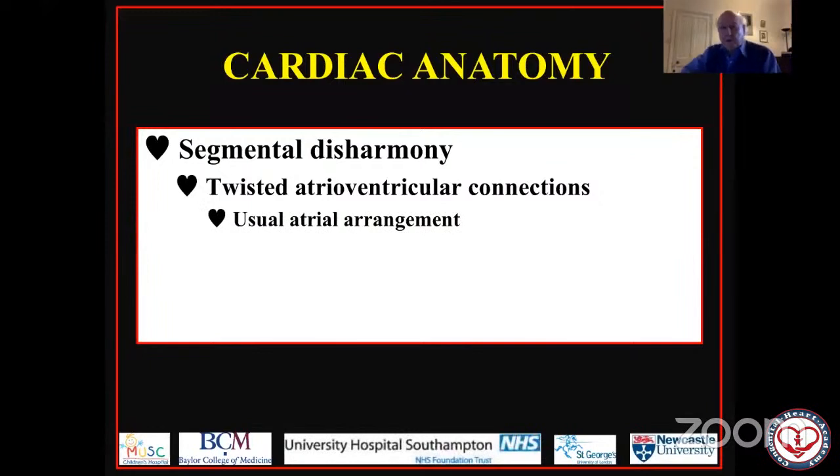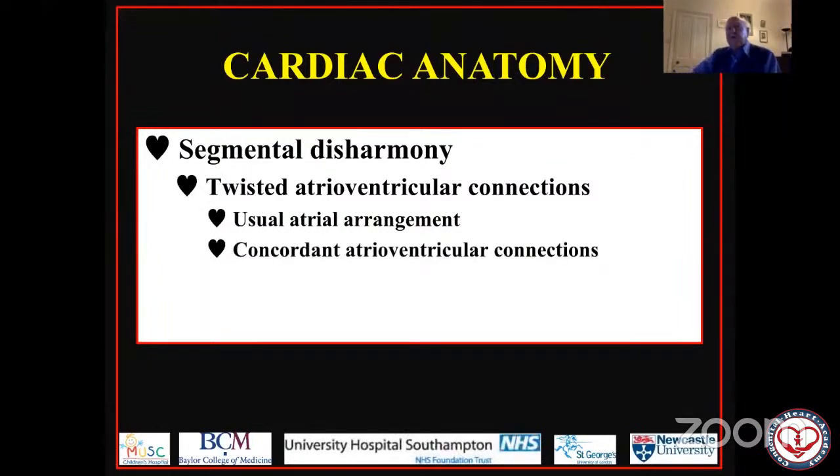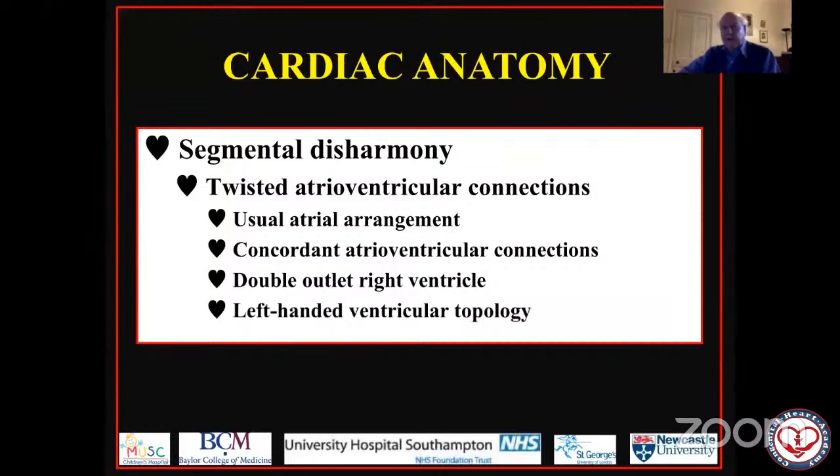There is usual atrial arrangement, the atrioventricular connections are concordant, and there is then double outlet right ventricle. But in addition, there is left-handed ventricular topology. If I describe it in this way, hopefully you will understand what I'm talking about. It's one of these very rare examples with segmental disharmony.